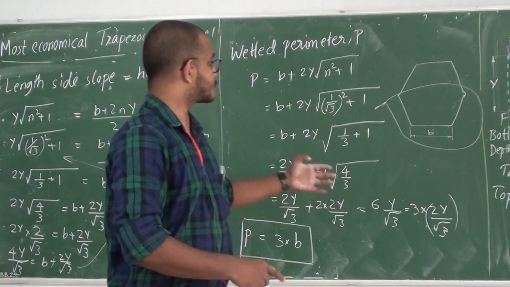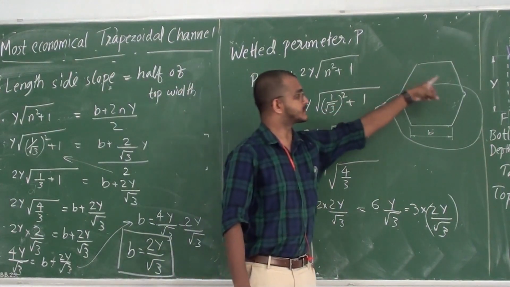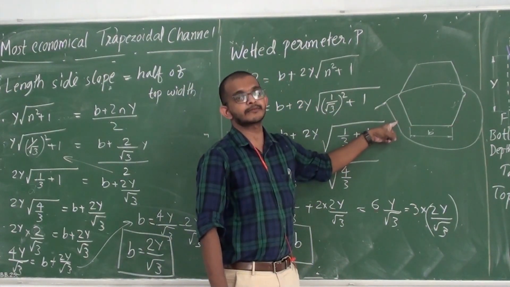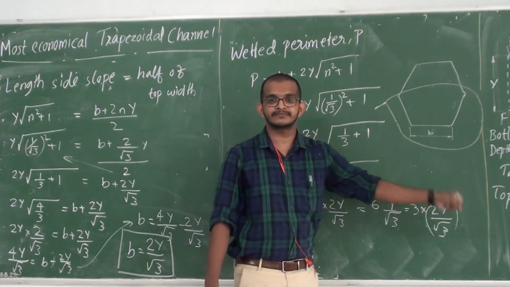Okay. Also we have shown that the 1/2 of the shape of the regular hexagon represents the shape of the most economical trapezoidal channel. Okay, thank you.